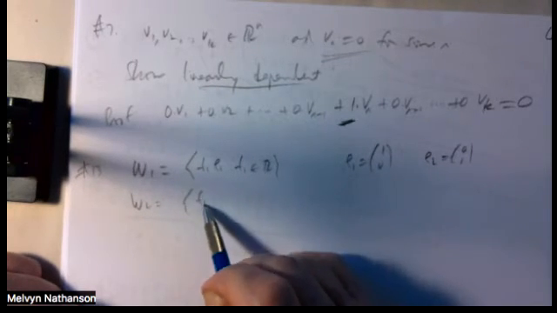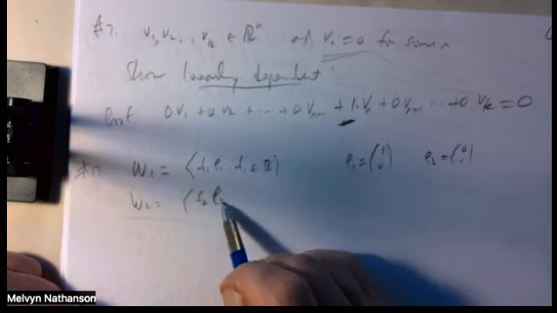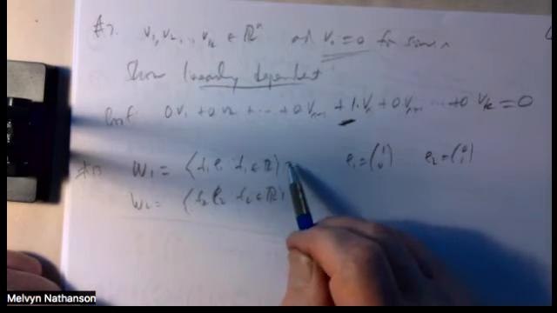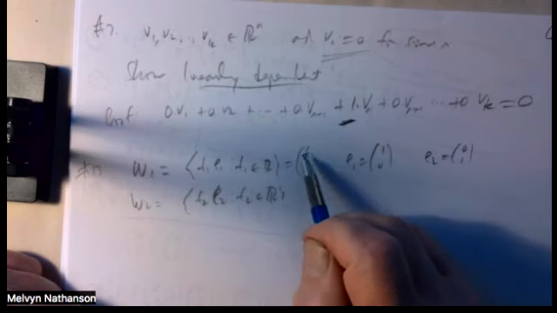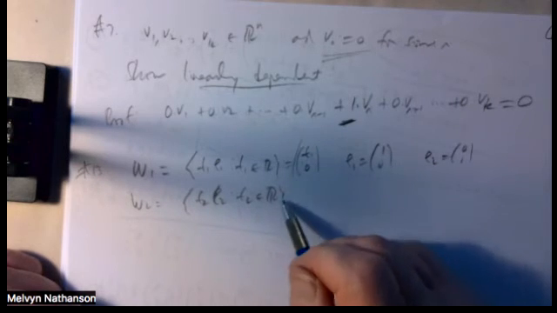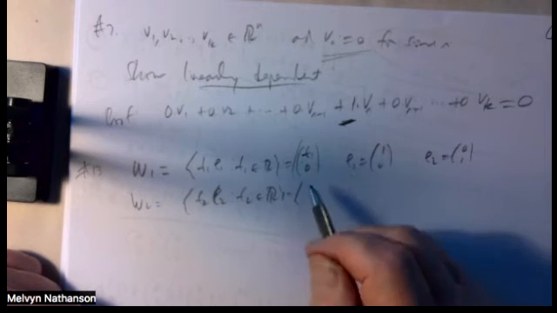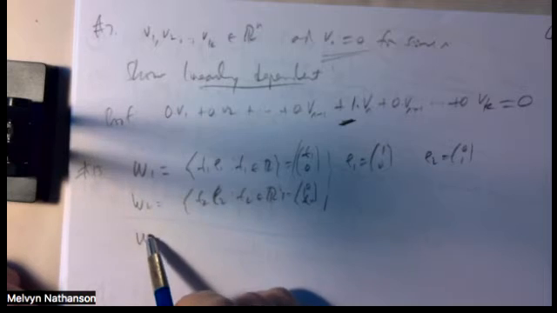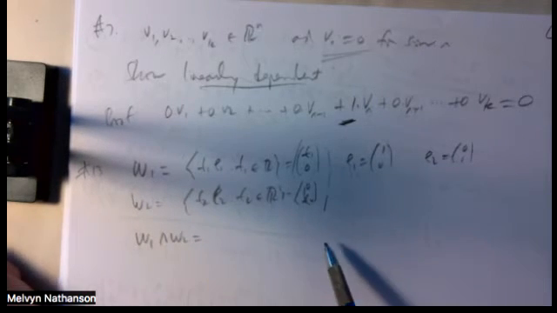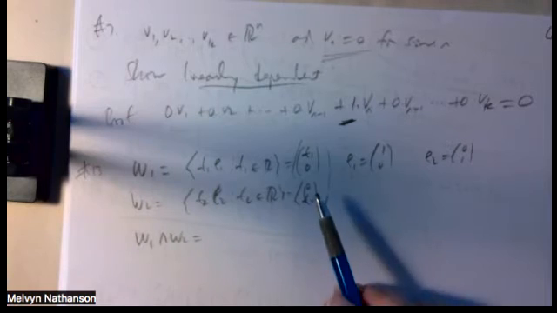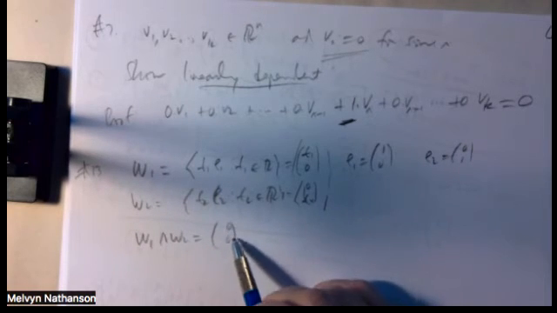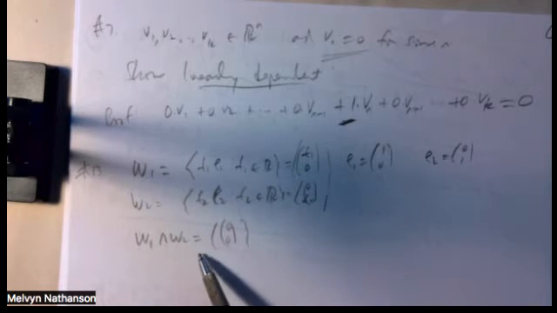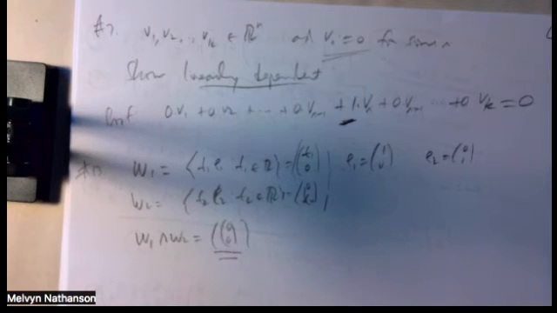W2 is all scalar multiples of E2. This is all vectors where the second coordinate is 0. This is all vectors where the first coordinate is 0. And W1 intersect W2, it has to be a vector where the first and the second coordinates are 0. It's just the 0 vector. So W1 intersect W2 is just the 0 vector.